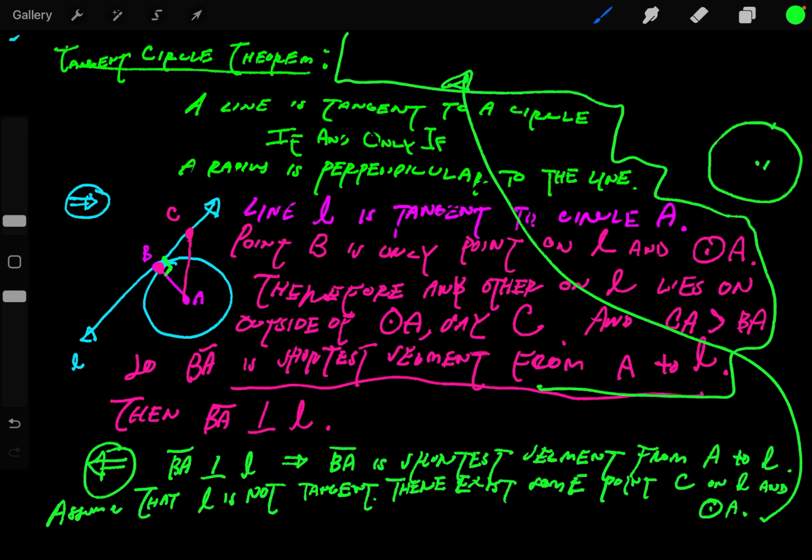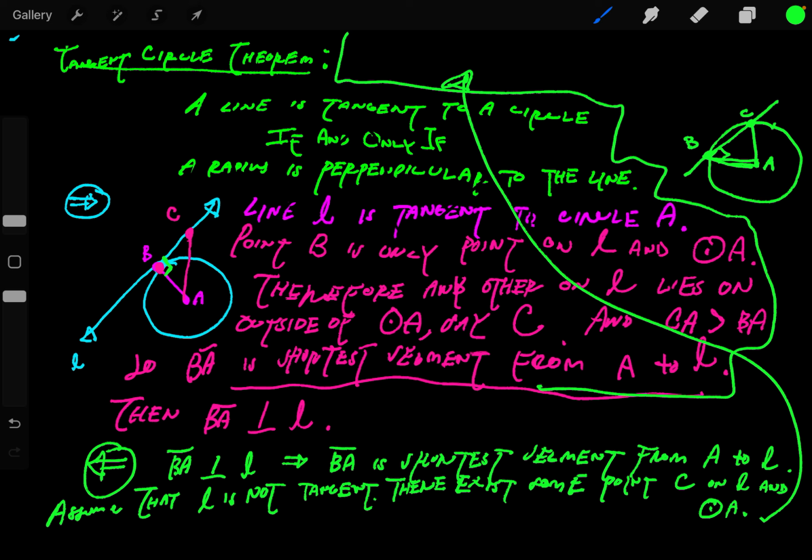So I have A, and then this is line L. This is a point, this is B. This is C. And essentially we're assuming that it's not tangent. Now, this line, we know, since it's perpendicular, that it's the shortest distance, and it's a right angle. Now, if I draw the line from A to C, we should see that AC is the hypotenuse in this right triangle.